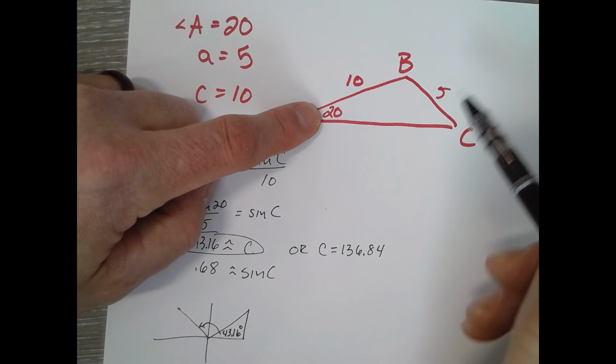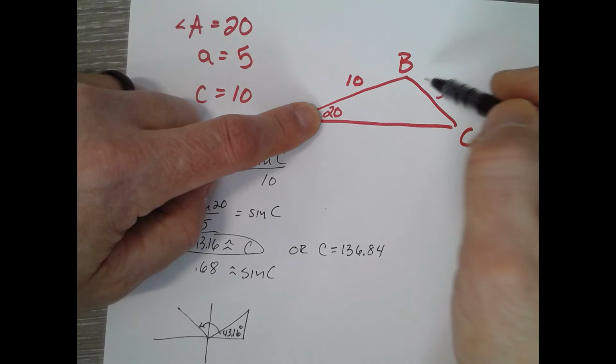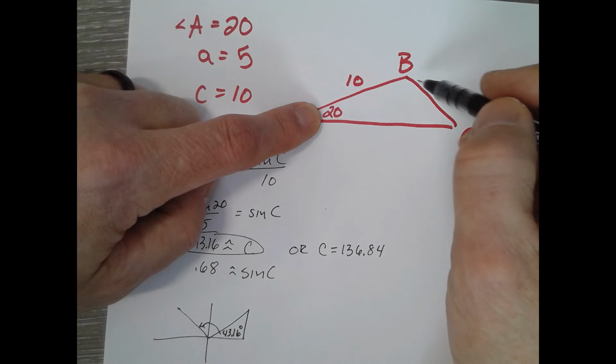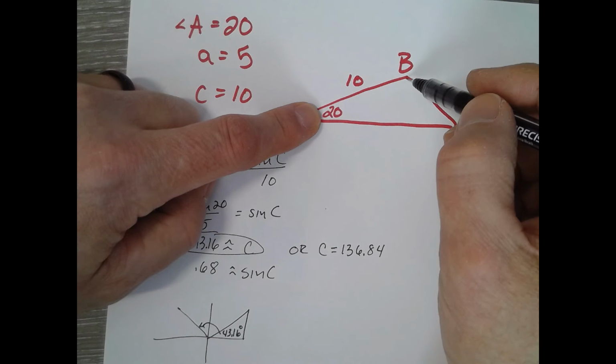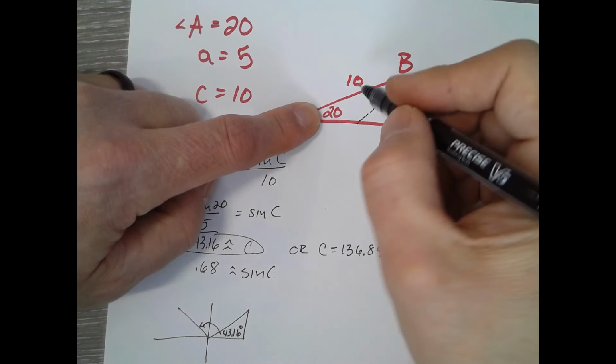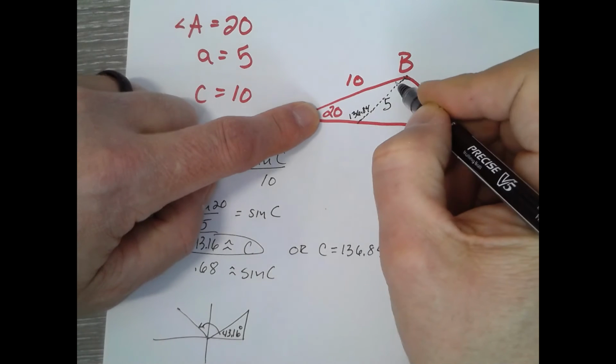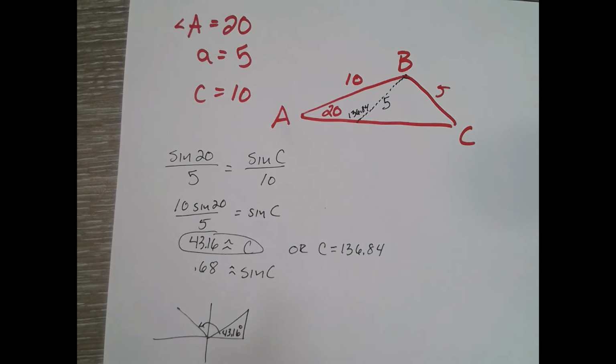Imagine this side right here is actually hinged, and you move it in this direction. That's still 5, that's still 10, and that's 20. This angle would then be 136.84, and then we could figure out B. There are two ways of drawing the same triangle, and it works.